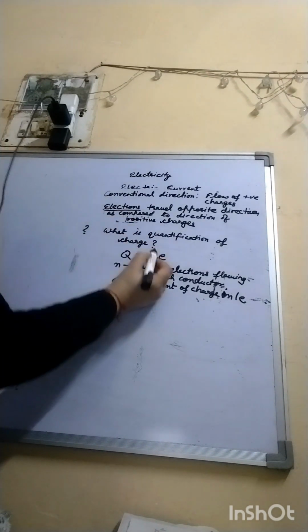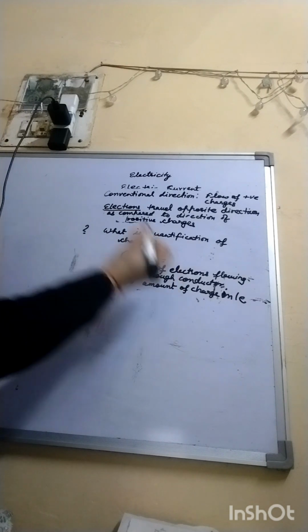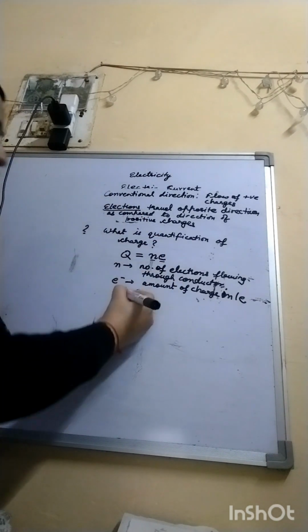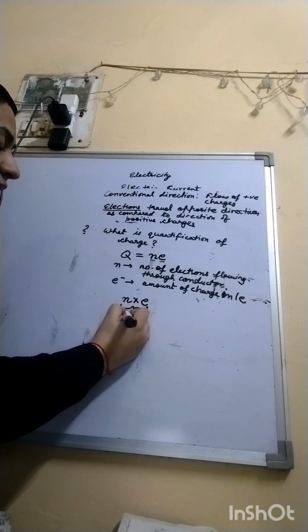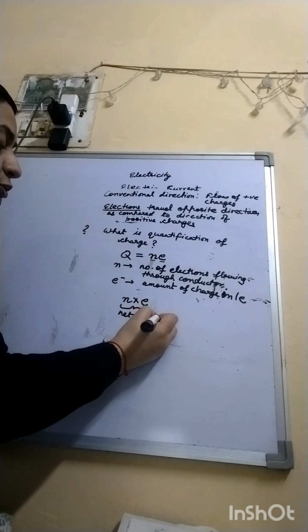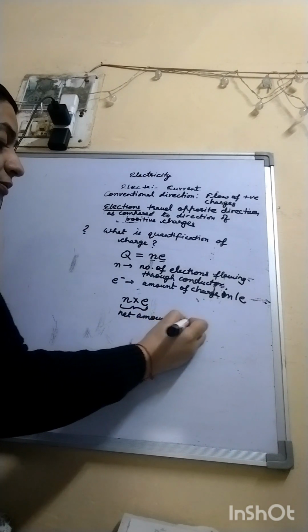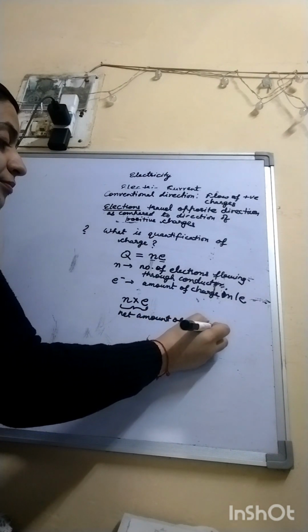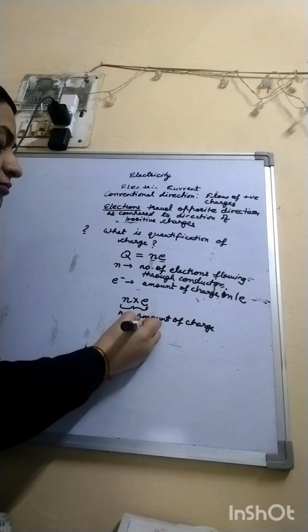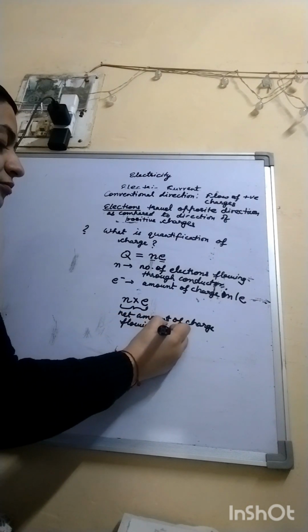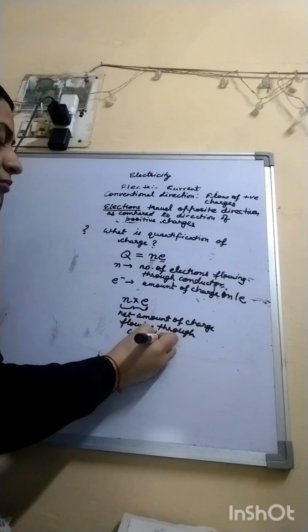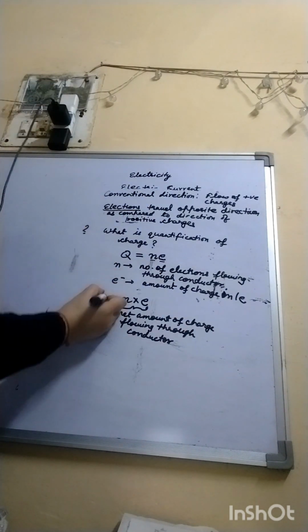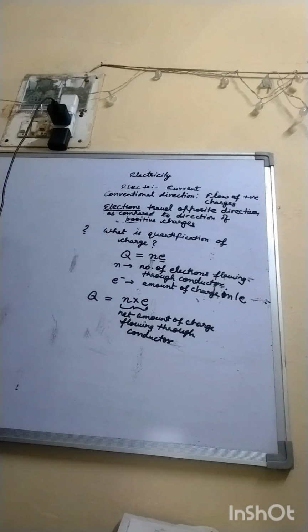If N is the number of electrons and E is the charge on an electron, when you multiply the number with the charge, you get the net amount of charge flowing through the conductor. So this gives you the total charge flowing through the conductor.